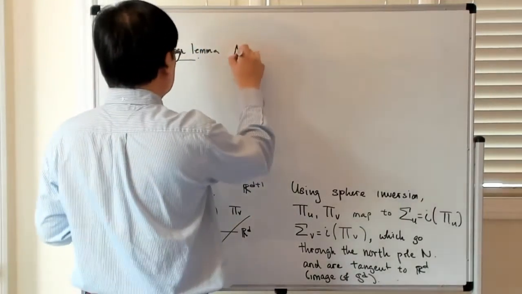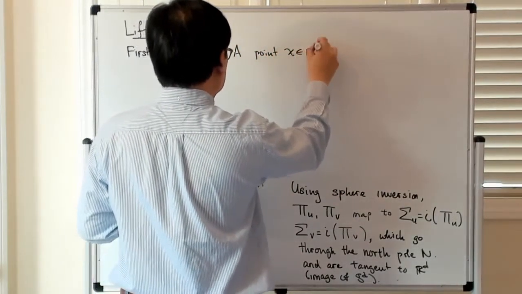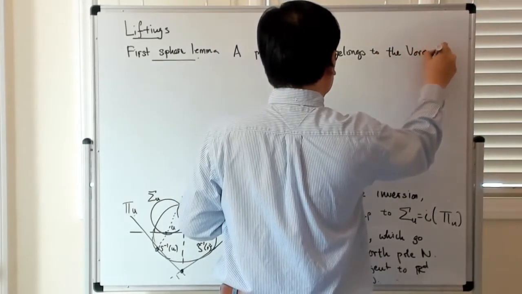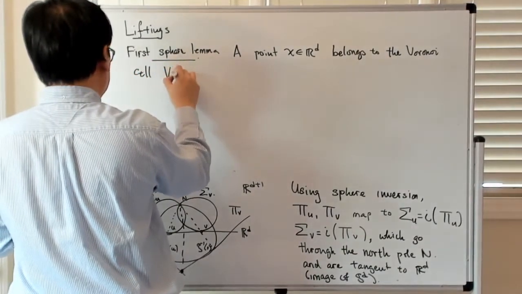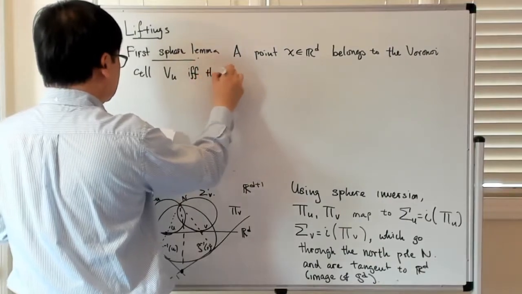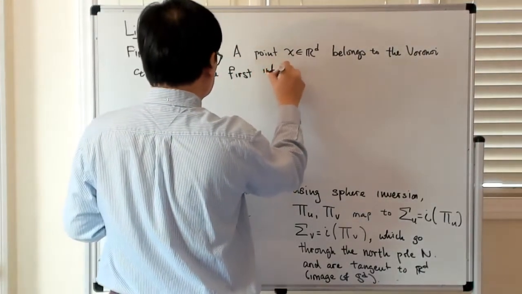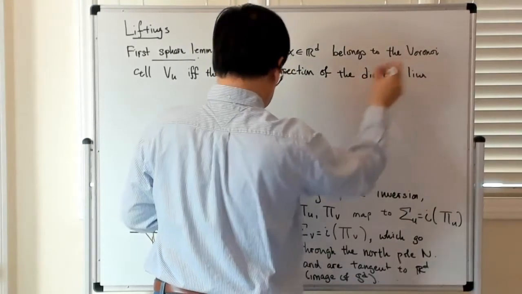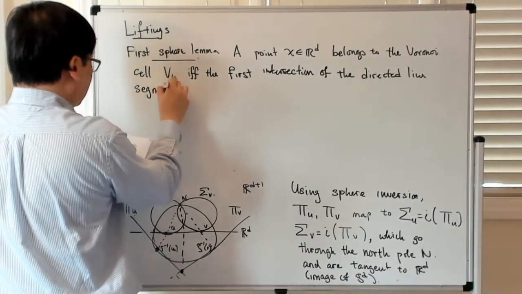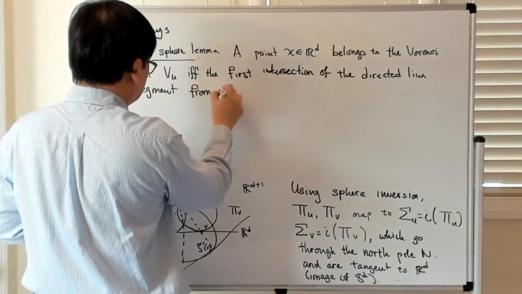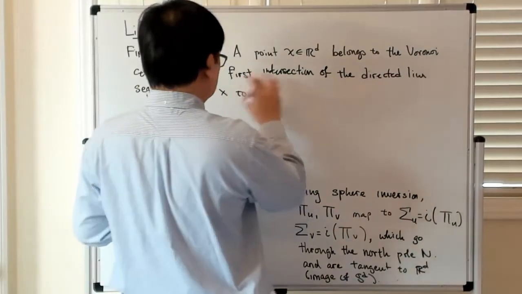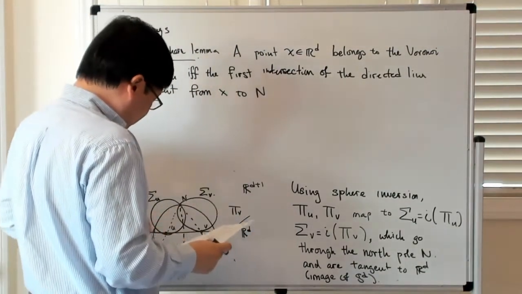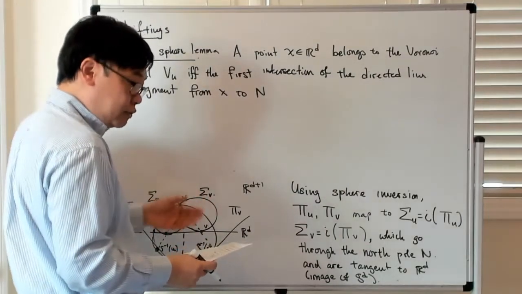What it says is that a point x in RD belongs to the Voronoi cell VU if and only if the first intersection of the directed line segment starting at x, from x to the North Pole, intersects the d sphere associated with the point u of v. Okay.